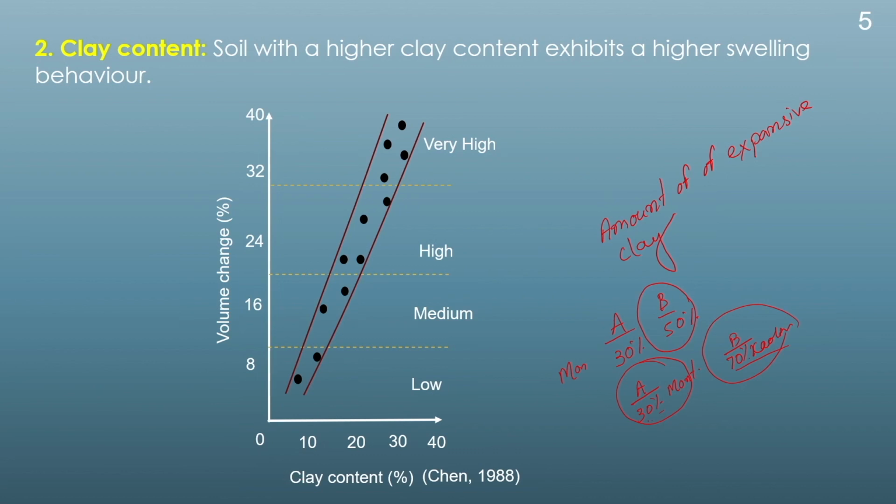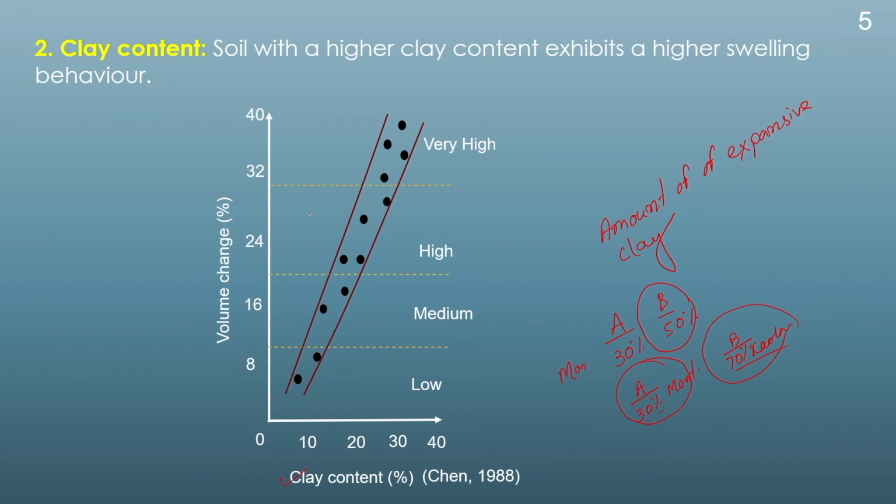Therefore, when we compare clay content, it has to be the same type of mineral and the same exchangeable sodium percentage. So, broadly, when the clay content is more, the swelling of the soil will be more.